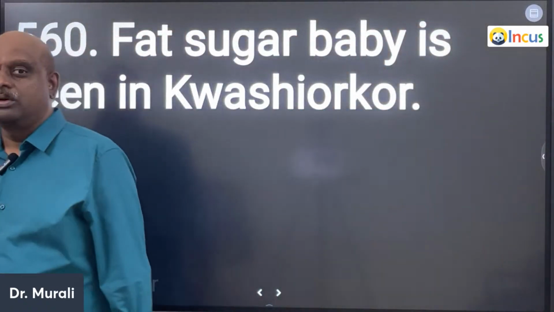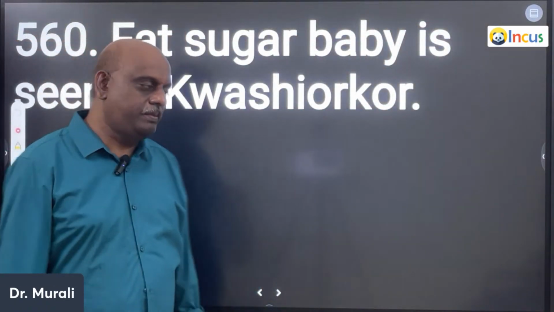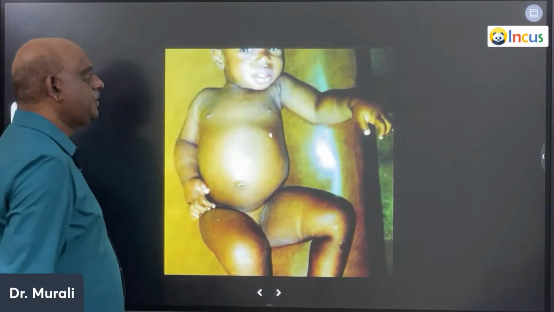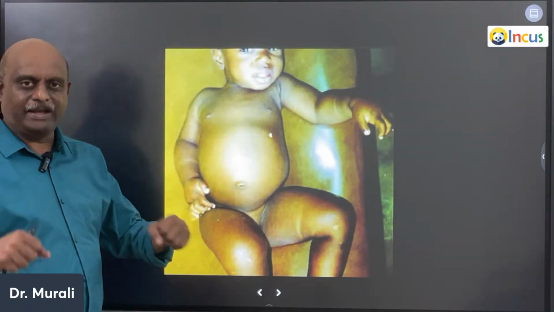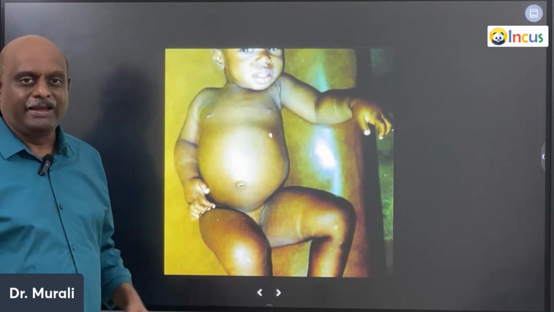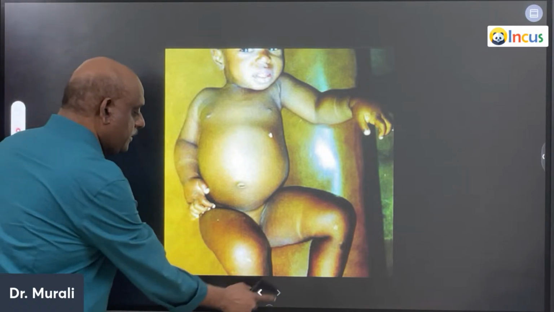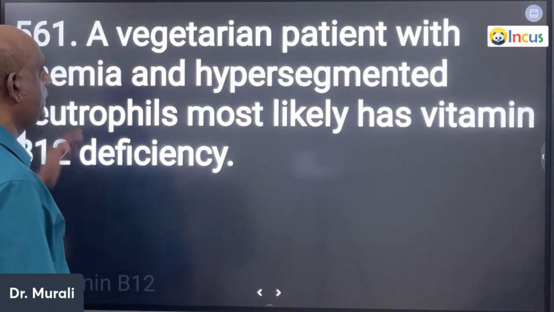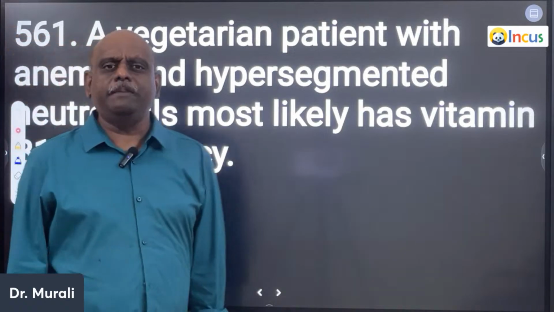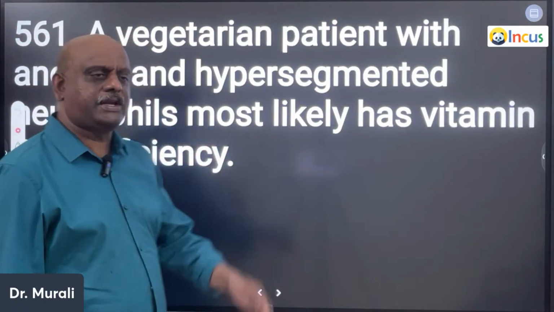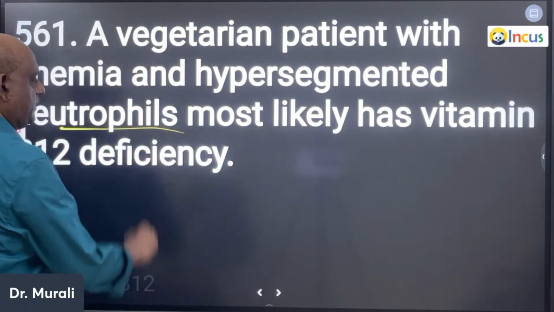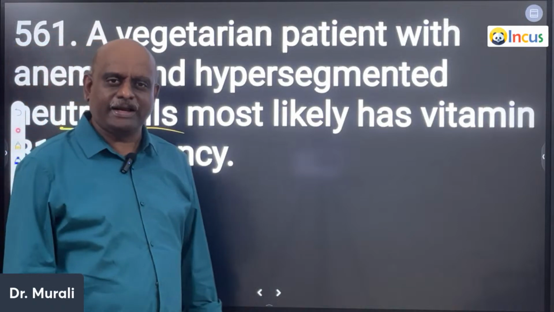Now, between kwashiorkor and marasmus, which baby is fat? Kwashiorkor baby is typically fat, marasmic baby is typically emaciated, and you need to know the differences between the two babies. A vegetarian patient is having hypersegmented neutrophils. What is he most likely to have?